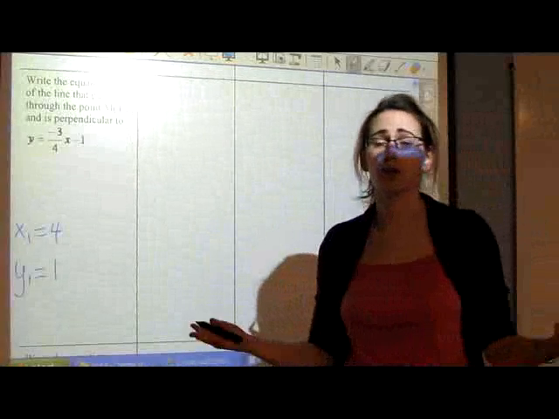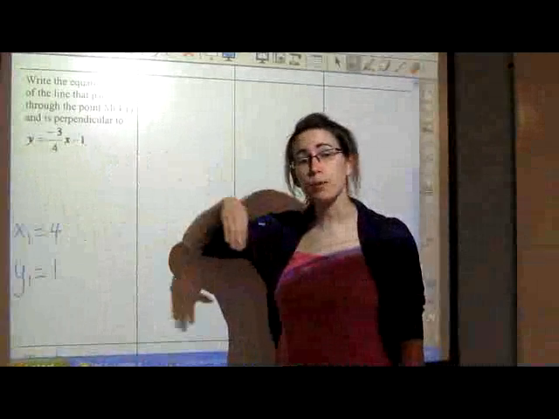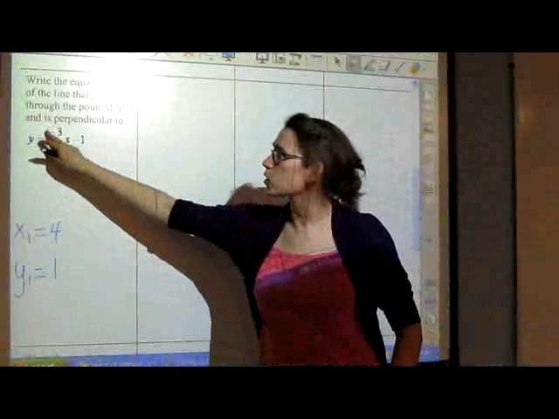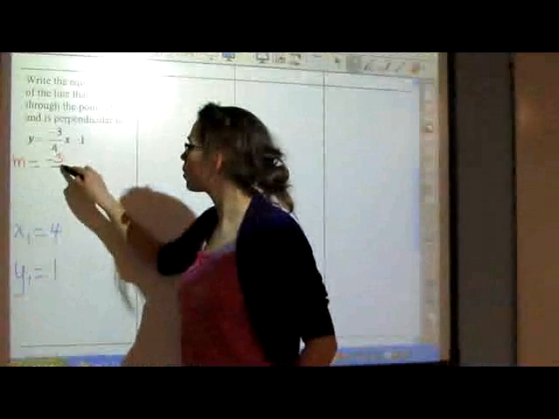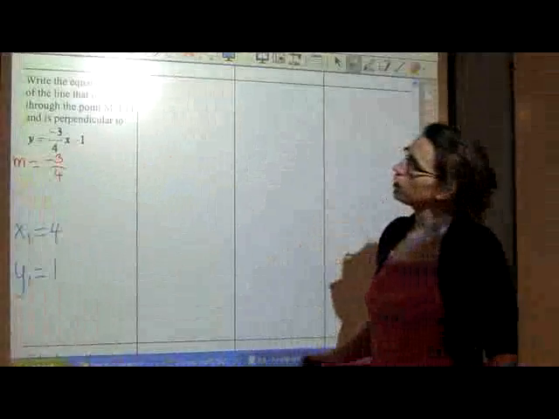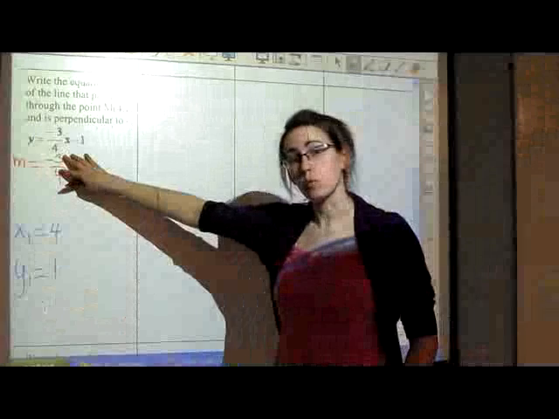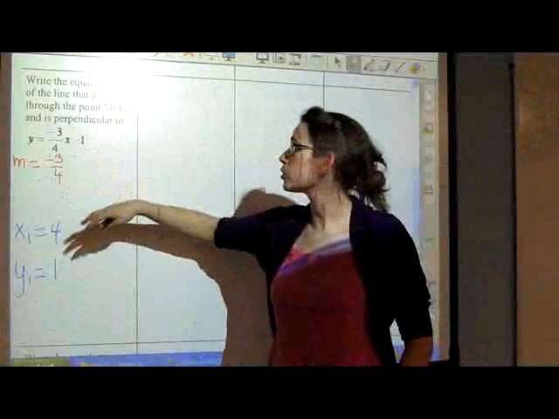Next thing we need to figure out is what's our slope. Well, we have a second line somewhere out there that's perpendicular to the line that we want, and that perpendicular line has a slope of -3/4. So the slope that we have up here is -3/4. Since our line is perpendicular to this one, remember this isn't the line we're looking for, our line is perpendicular to it.